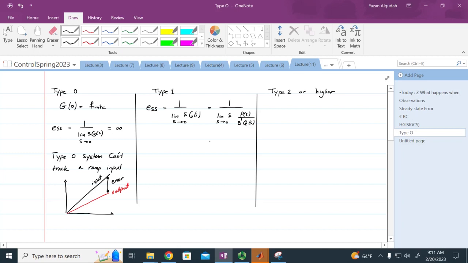And therefore, I can cancel the s with the s, and this is going to equal to q of 0 divided by p of 0. And therefore, this is going to equal to a finite value, which is going to equal to 1 over kV.